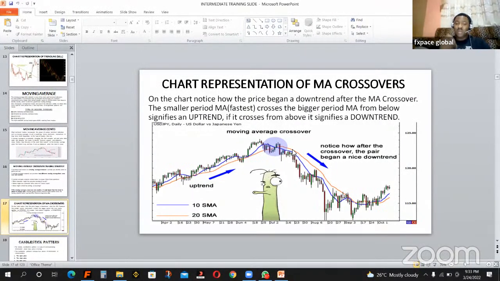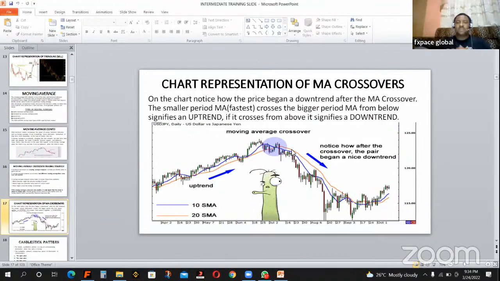This market will teach you how, because by the time you start losing money, you understand why you need to be patient. Once you have a strategy and the market did not give you the strategy, my brother, leave it. Don't touch it. Leave the market and go and look for another pair that will give you that strategy.